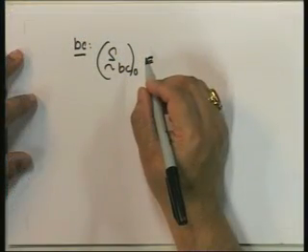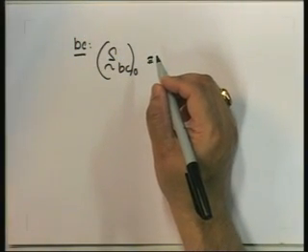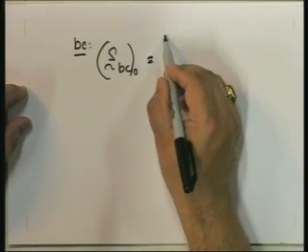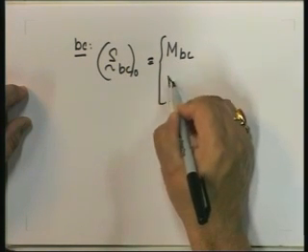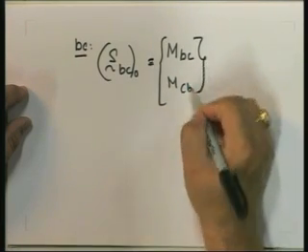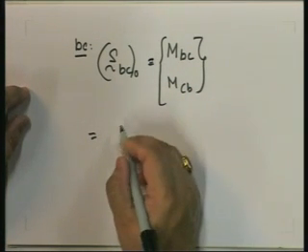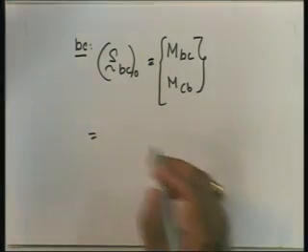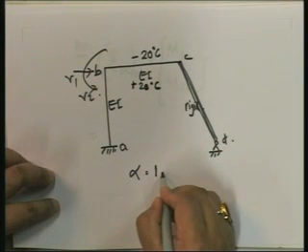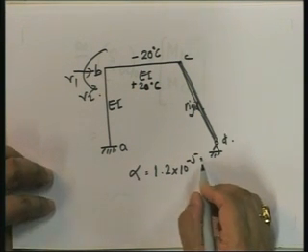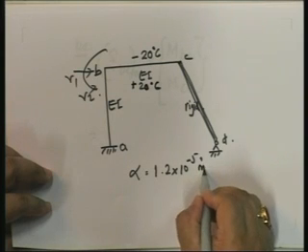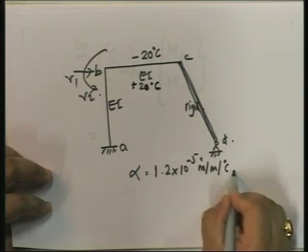Now in this particular case, SBC is equal to what we've already computed, that is going to be MBC, MCB. Note that in this case we can take alpha equal to 1.2 into 10 to the power of minus 5 per degree centigrade.